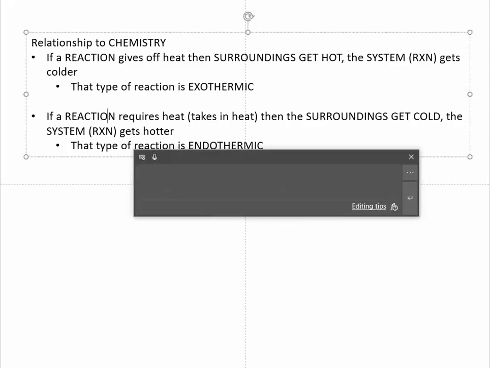Conversely, you have another kind of reaction in which a reaction requires heat. If the reaction requires heat, that means it must take in heat in order to occur, then the surroundings are going to get cold. That kind of reaction is endothermic. A really good example of this is those cold packs that traveling personal trainers use.